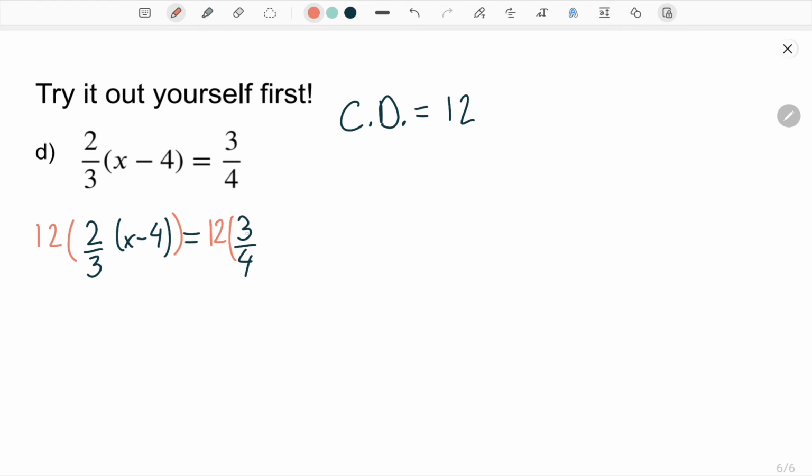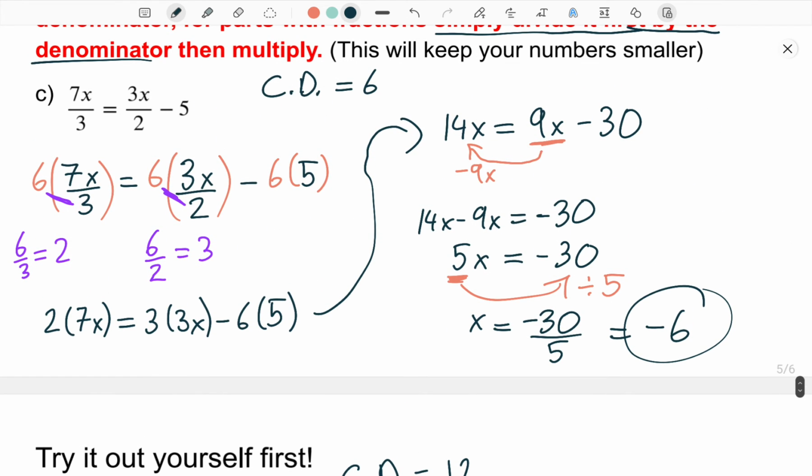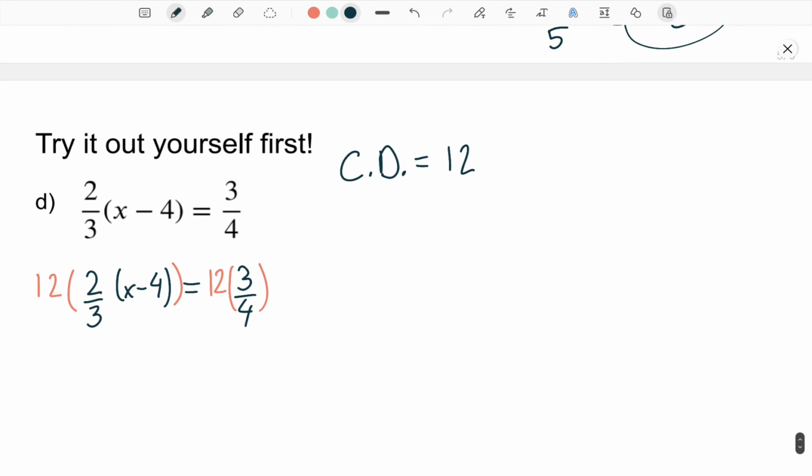Okay. And as I do that, you'll see for the 12 on the left side here, I only actually need to multiply it by the 2/3 part, which may seem a little different from the other ones where it seemed like I was multiplying each and every single part. But the difference in this one is that all of this is already one multiplication statement.